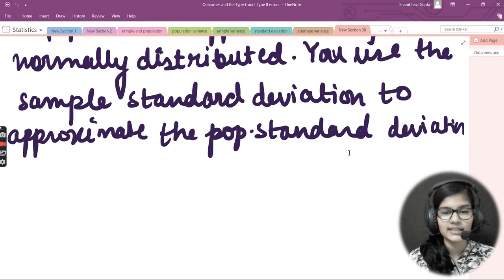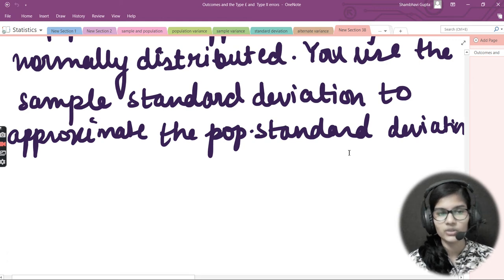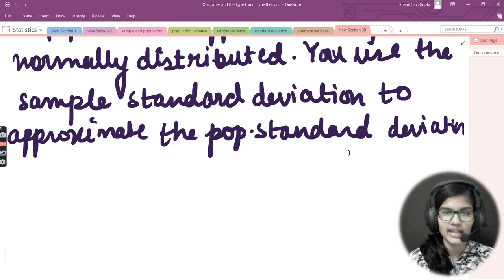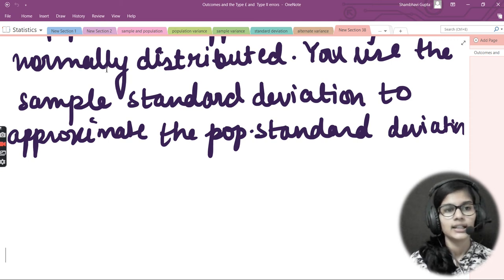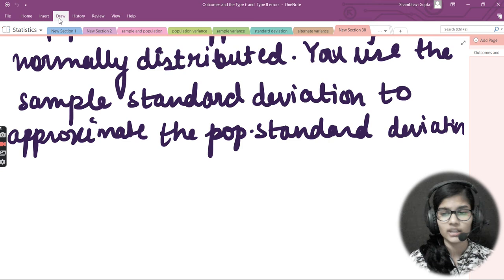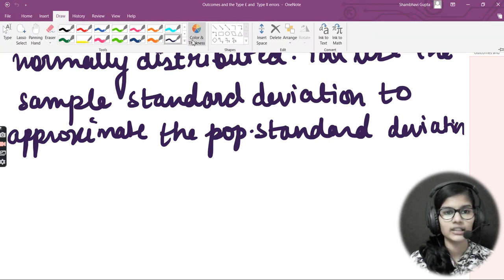The other condition was that it needs to be approximately normally distributed, but if your sample size is large enough, this can work as well. Okay, so this was what we discussed. Now I'll proceed with some other things as well.